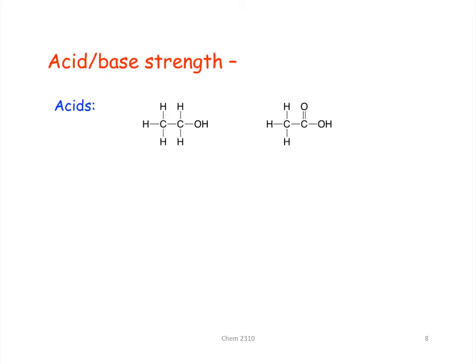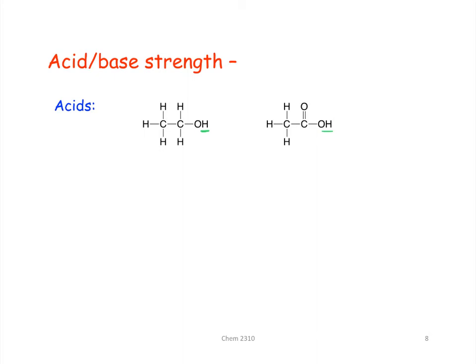All right, to predict that, we have to go back to the very first criteria that we looked at, when we were looking at different atoms going across the periodic table. In that case, we saw that oxygen was more electronegative than carbon. So based upon that argument, we know that it's the hydrogen on oxygen in each of these which is the more acidic one.